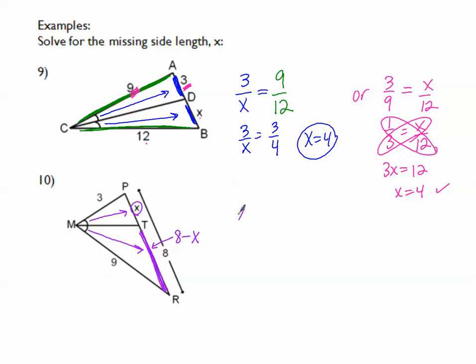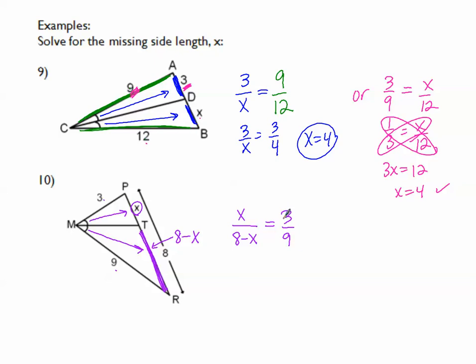So little segment x over little segment 8 minus x, the segments across from the bisected angle, equals, now I went top to bottom, so staying in that same order, 3/9. Again, I like to reduce. I'm going to do a couple other properties besides reducing.